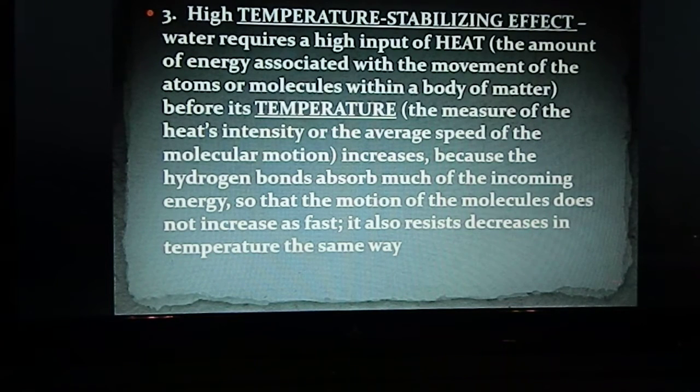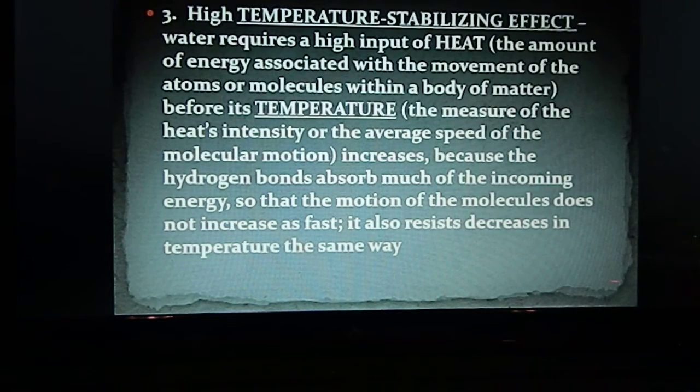Some of them are just really, really slowly moving, but the amount of energy to move those atoms and molecules is called heat. Then temperature is the measure of that heat's intensity, or the average speed of the molecules.